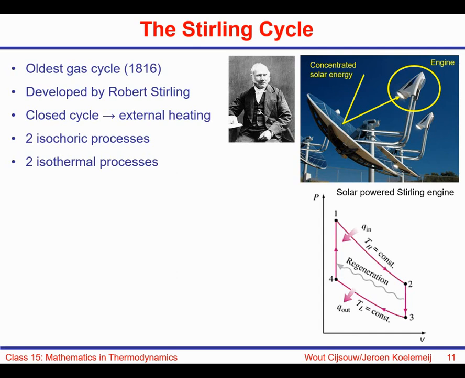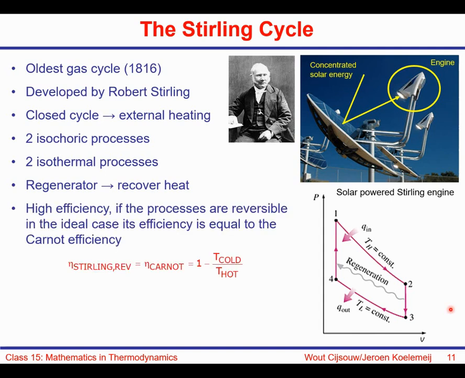And the cycle, the thermodynamic cycle, is depicted here to the right. It's a PV diagram, and the cycle consists of two isochoric processes from 4 to 1, for example, and from 2 to 3, and two isothermal processes that take place along an isothermal curve or an isotherm. There's also a thing involved that's called the regenerator. It's a way to recycle heat. We will see how that works in detail on the next slide.